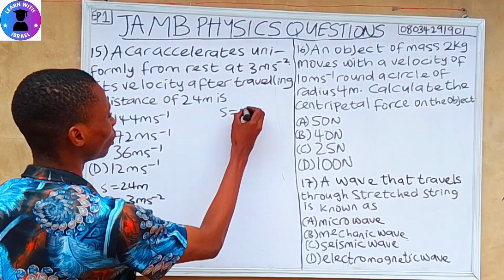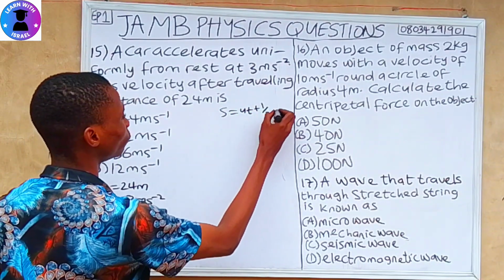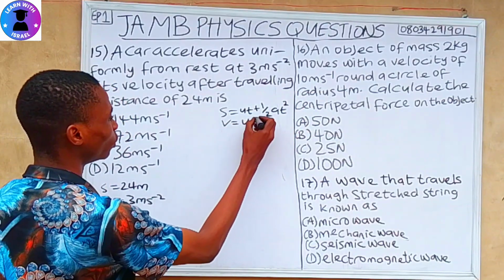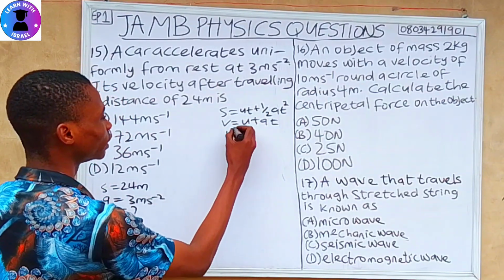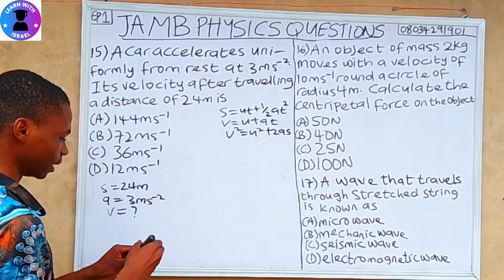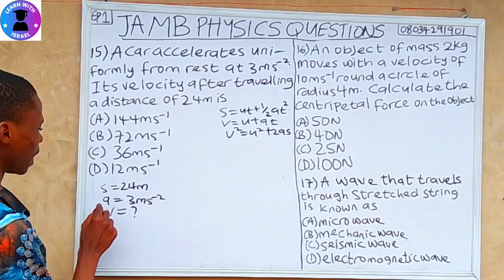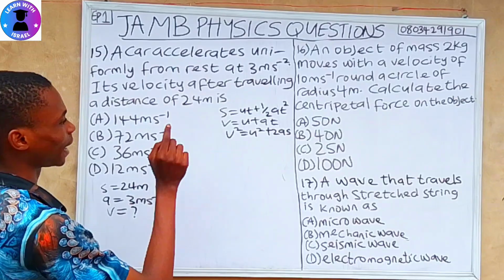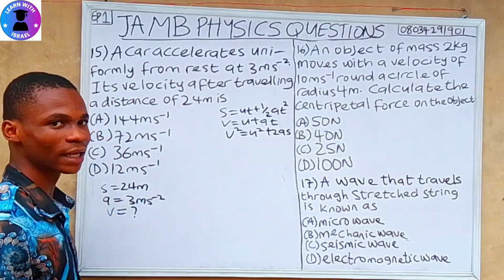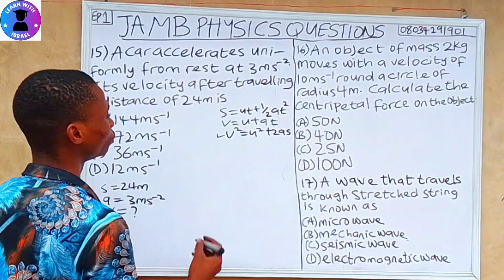The first is s equals ut plus half at squared. The second is v equals u plus at. The third is v squared equals u squared plus 2as. If we check the givens, we have s, we have a, and we have v. The one that has s, a, and v is v squared equals u squared plus 2as. So that's the one we are going to use.